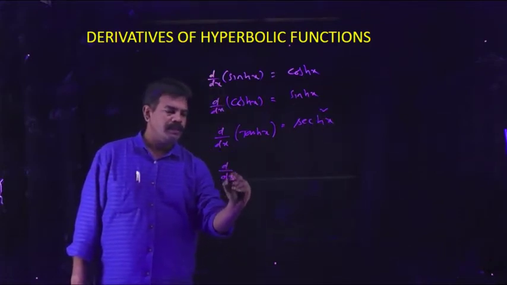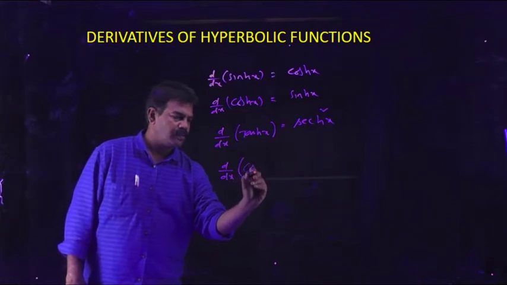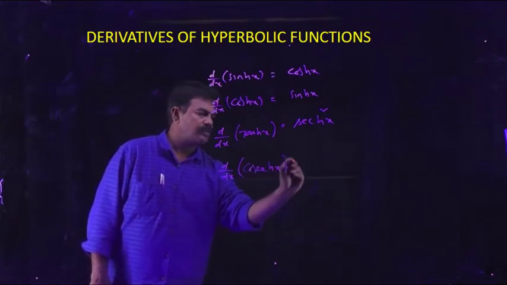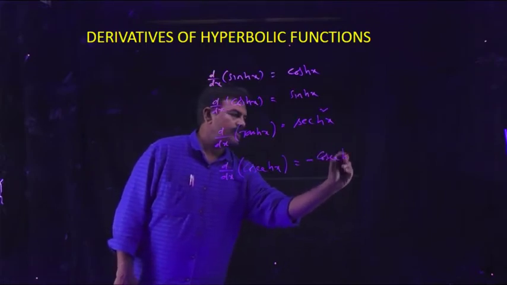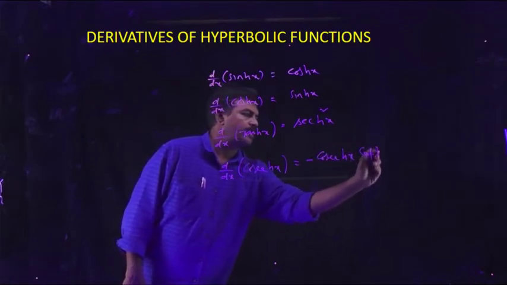d by dx of cosech x is equal to minus cosech x coth x.